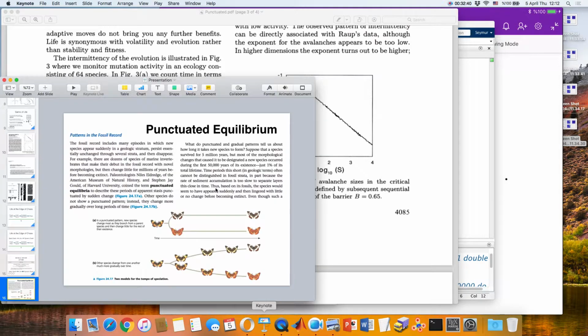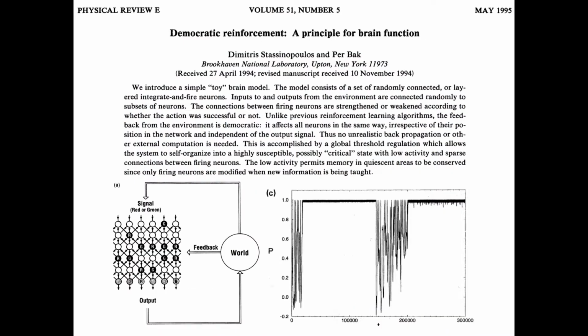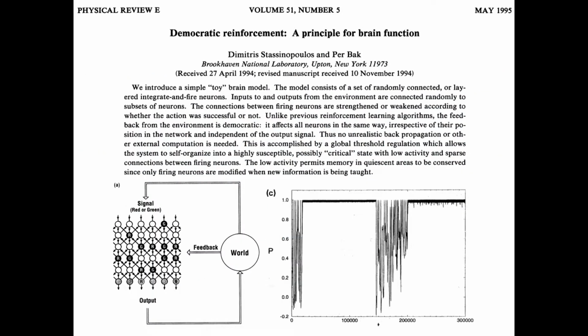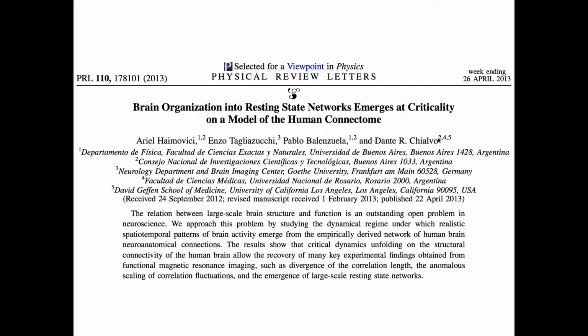Then he went on to democratic reinforcement, a principle for brain function. You should read this. I will not talk about this. And he started thinking about the brain being self-organized into criticality, and especially this person, Chialvo, maybe an Argentinian scientist, took it to the next level.